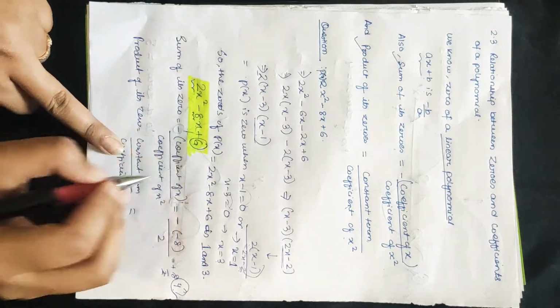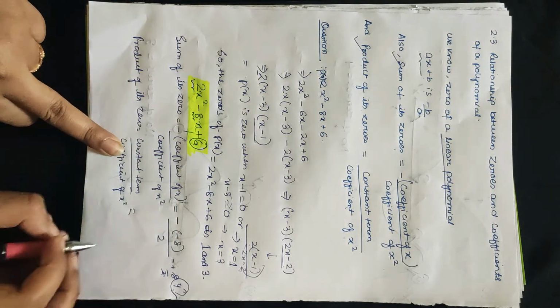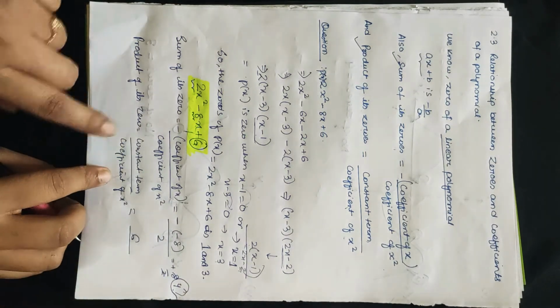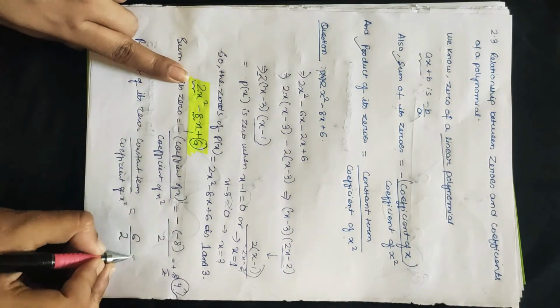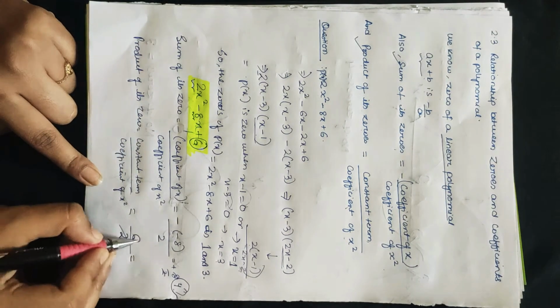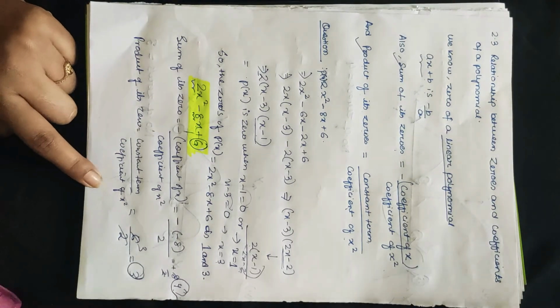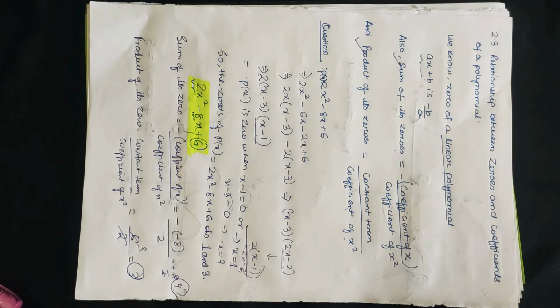The constant term is plus 6, which doesn't have any variable attached to it, so it is 6, and the coefficient of x square is 2 here. There is no negative symbol for the product. So it is 6 by 2, which is 3. So 3 is the product of its zeros. This is how we find the zeros of a polynomial and how to find the sum of its zeros and product of its zeros.